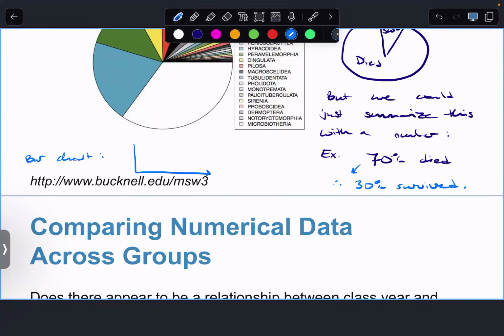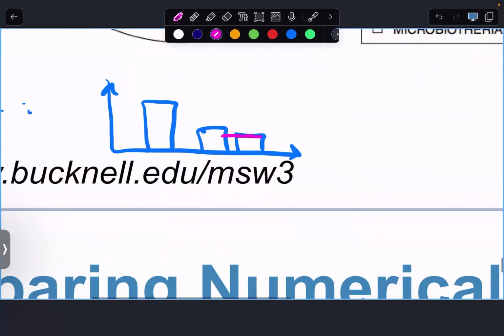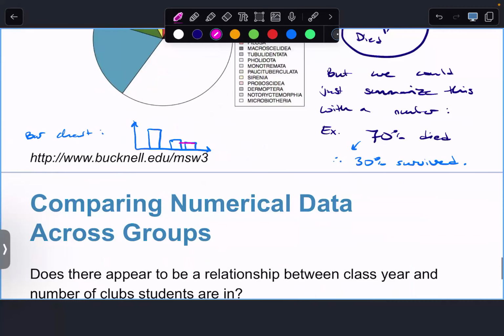If you have an example like this, and you've got a bar like this, and a bar like this, and a bar like this. Okay, that was a bad example because I drew them like the same. We can tell that this one is just a little bit shorter than the other one, right? Very, very subtle differences that we can see with the bars. Okay.